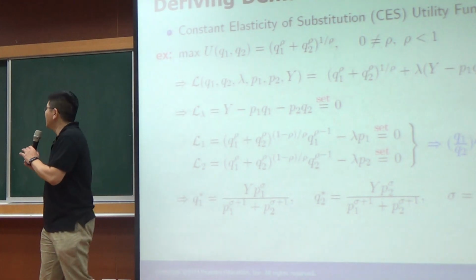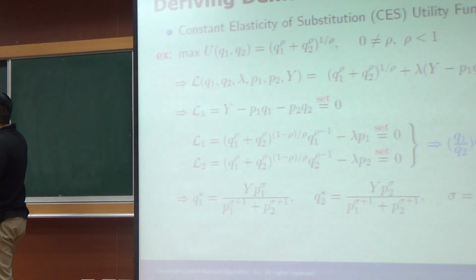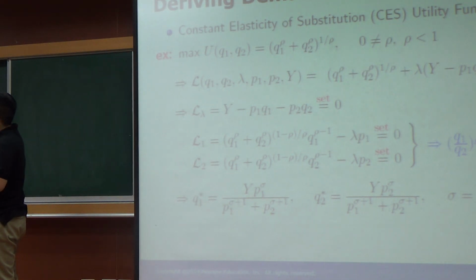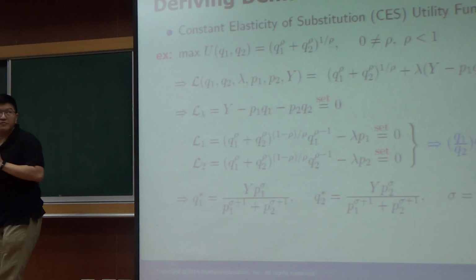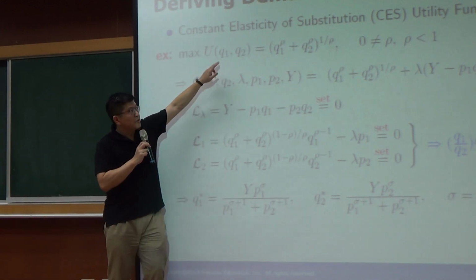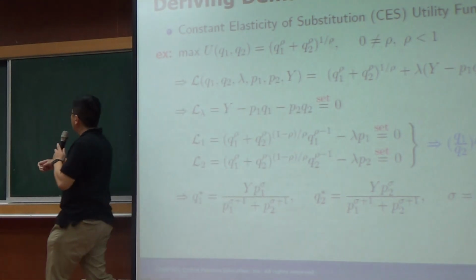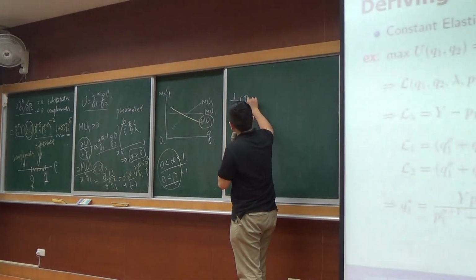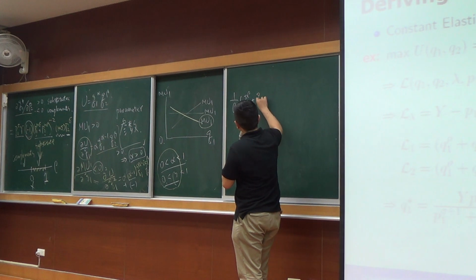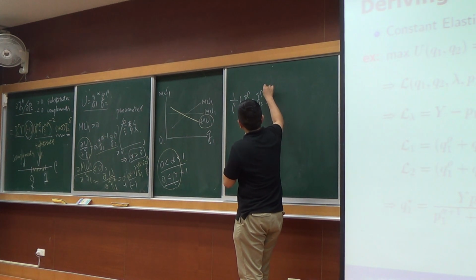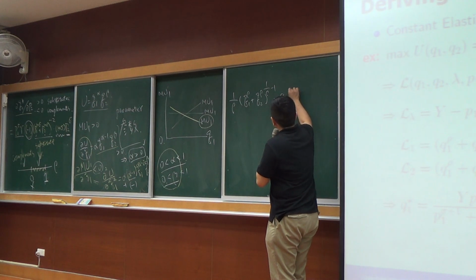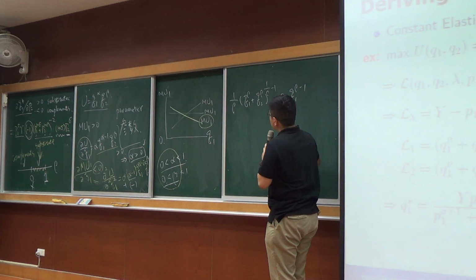Once again, if you don't quite remember this, we just derive it again. So differentiate u with respect to q1, we will have 1 over rho times q1 to the power of rho plus q2 to the power of rho, to the power of 1 over rho minus 1, times rho q1 to the power of rho minus 1.